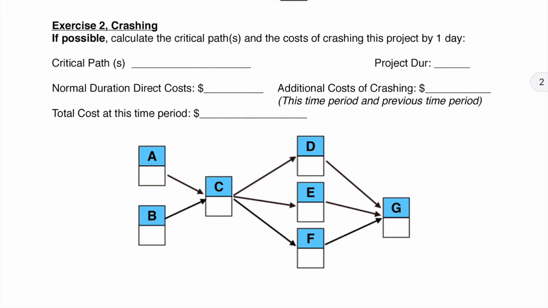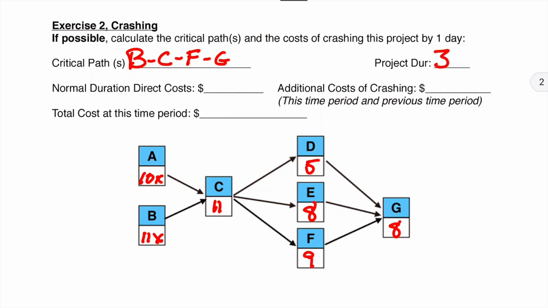So I'm going to go here and put 11x because B can only be crashed one time. Our critical path is still going to remain the same. Remember, it can change as we're going along, so we want to think about that.